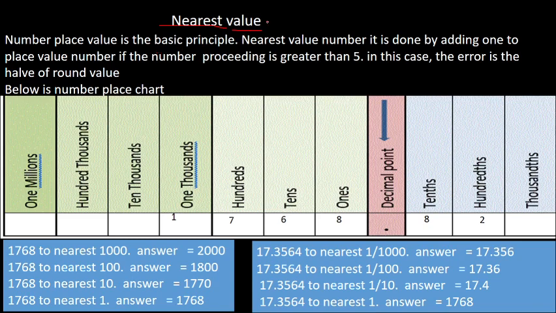But before you can understand this, there is something that you must understand. Now, let us see. Number place is what you need to understand before you can understand nearest value. And when we are discussing the concept of number placement, what is the meaning of that?